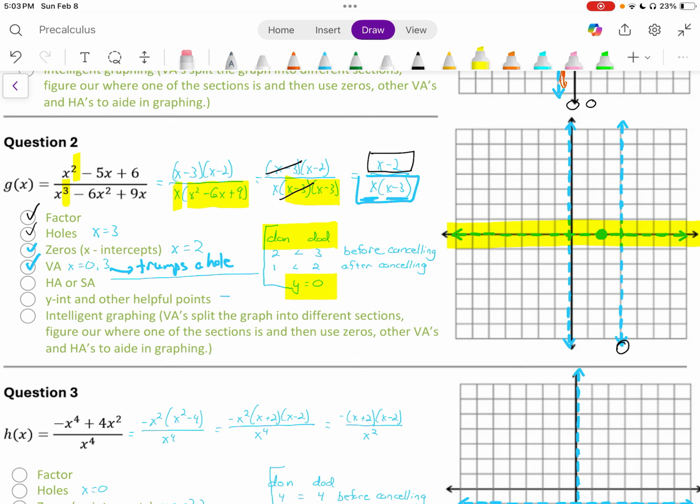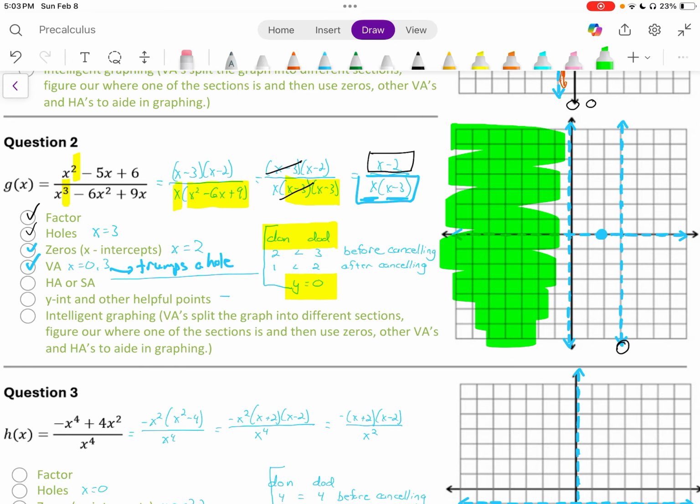So there's our horizontal asymptote, and horizontal asymptotes have to do with the ends of the graph. And so now we have 2 vertical asymptotes, which splits our graph into 3 sections. So we will have 3 branches as part of our function.